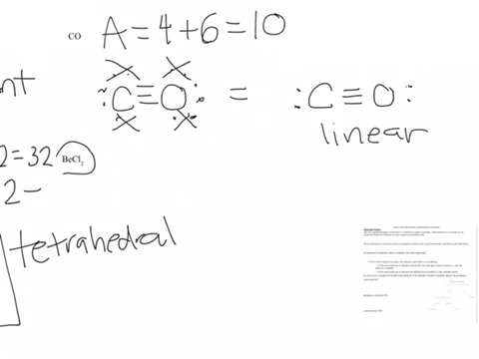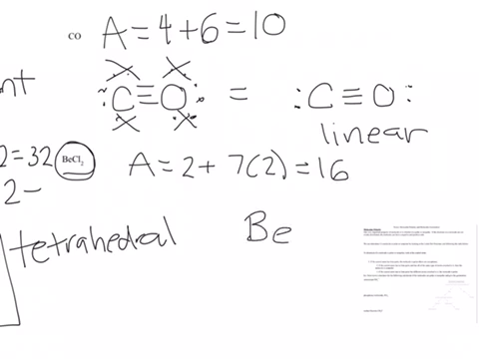The last one here, beryllium dichloride. Beryllium is an exception to the rule. It only wants 4 valence electrons. So available, we've got 2 plus 7 times 2, 16.